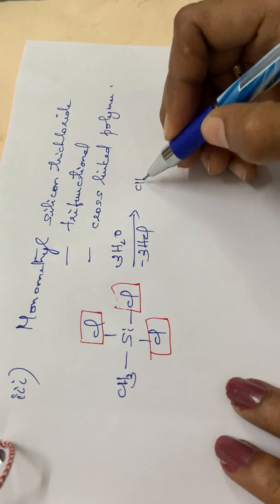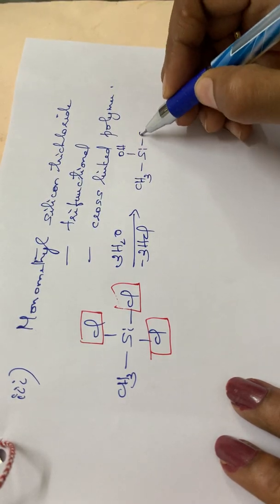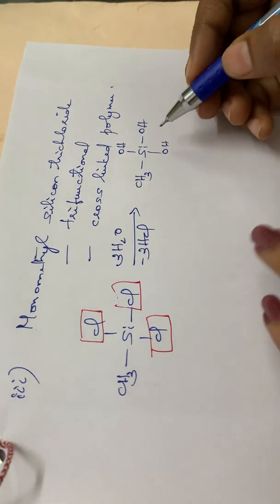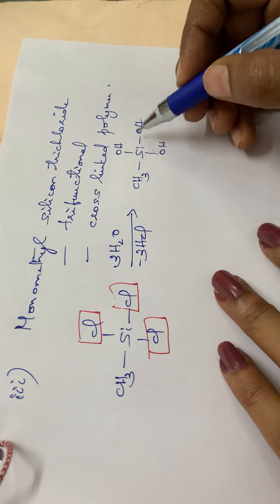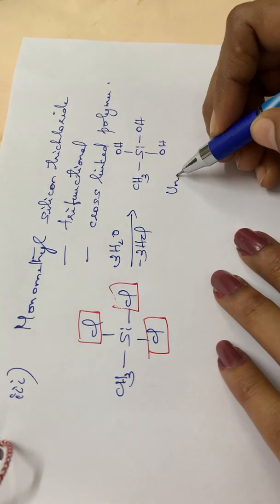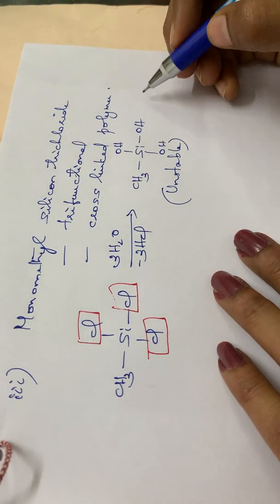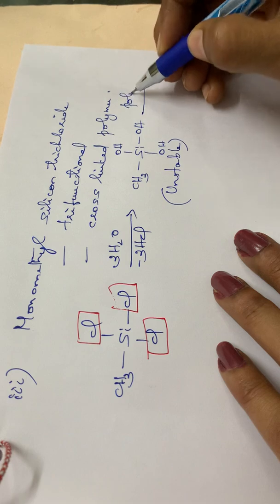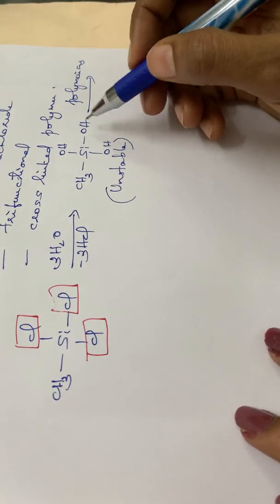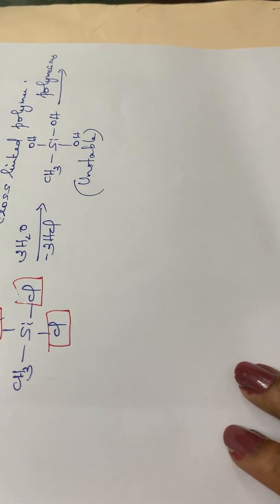So the compound will be CH3, Si, then OH, OH, OH. If a particular atom has more than one OH group, it is a highly unstable compound. Again, this compound polymerizes to form a polymer. Water will be eliminated from these OH groups, so it will form a cross-linked polymer.